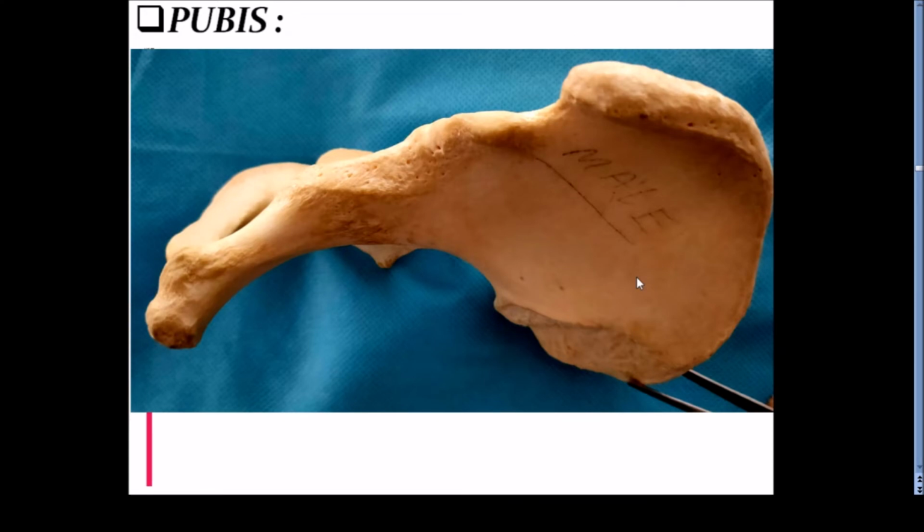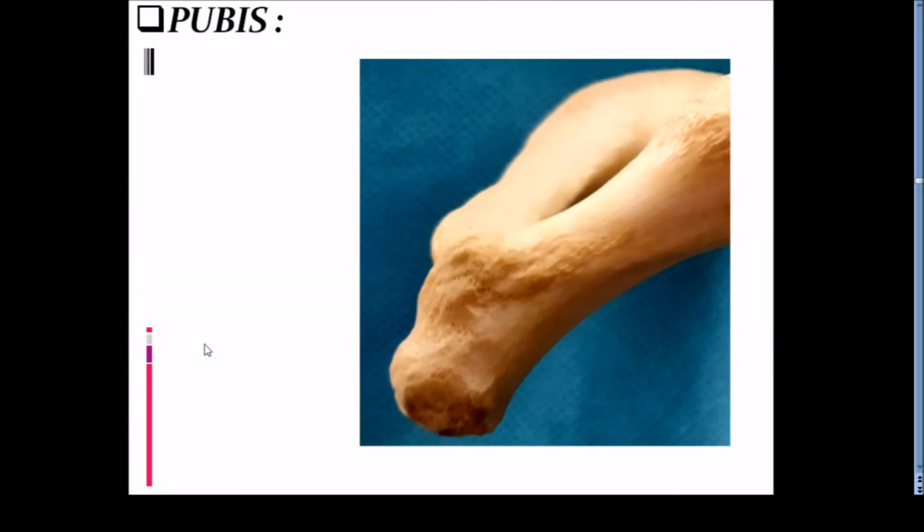Now the attachments on the body of the pubis. If we enlarge this portion, this is the upper end of the medial surface, this is the pubic crest, and this is the pubic tubercle.